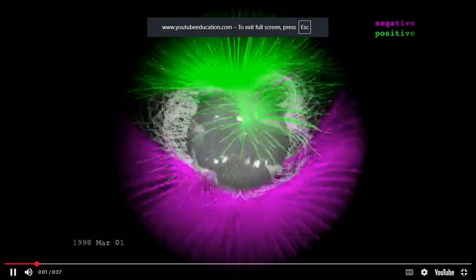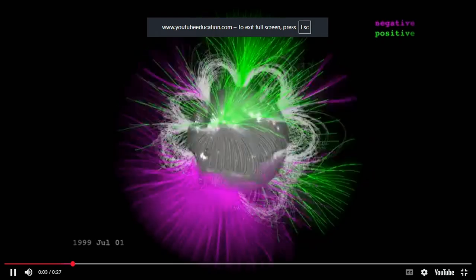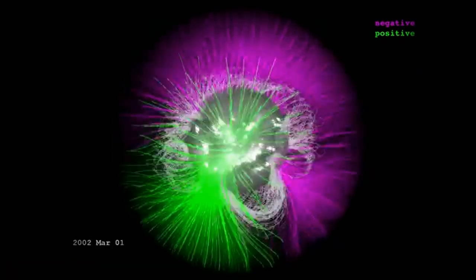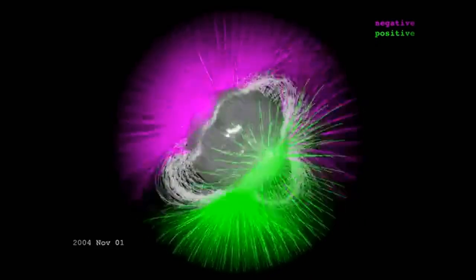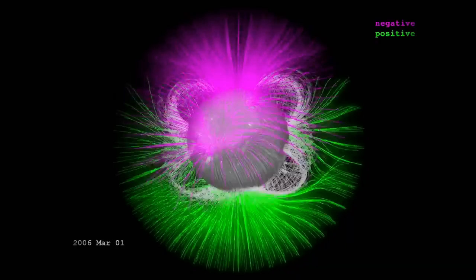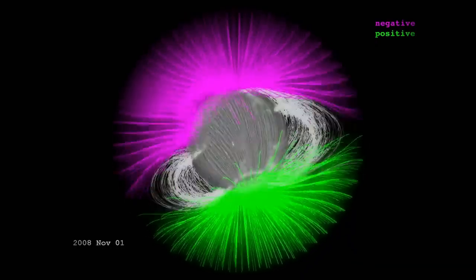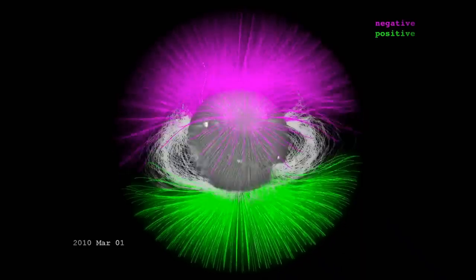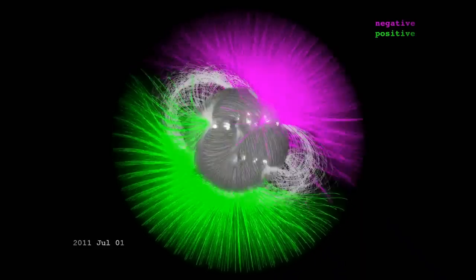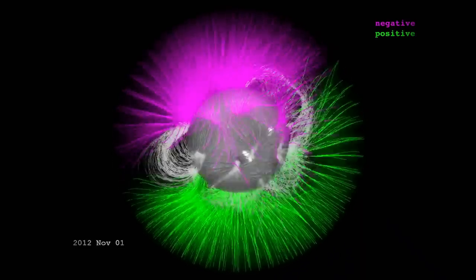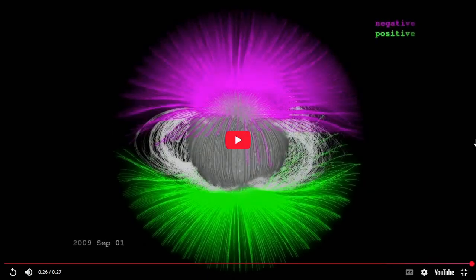And then one more simulation. For this one, I want you to see how when we're talking about the north and south pole of the Sun, it's not a static location, and you can see it's moving around fairly often. And so the north and south pole of the Sun can actually flip orientation every so often.